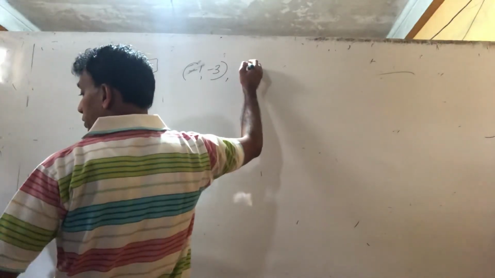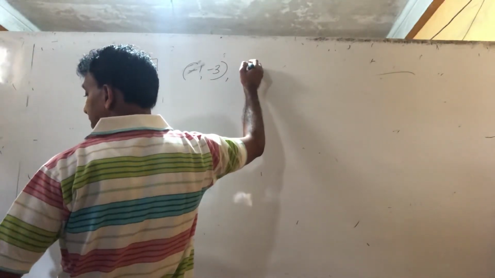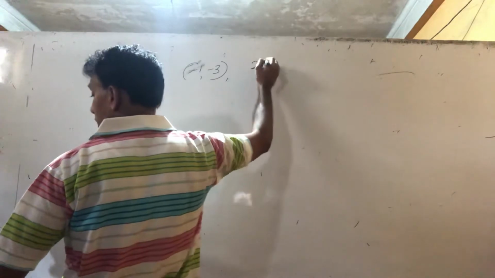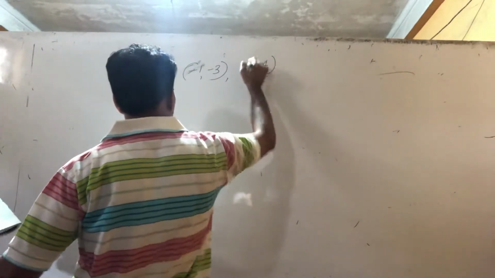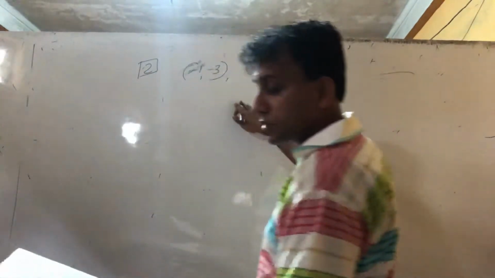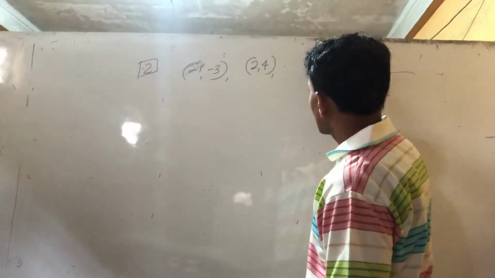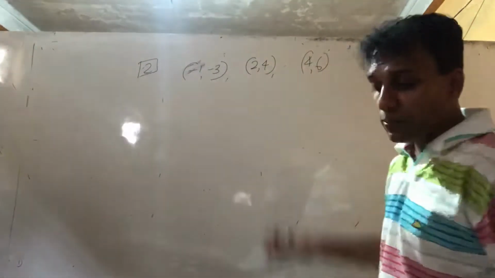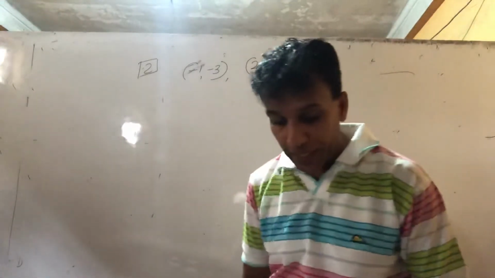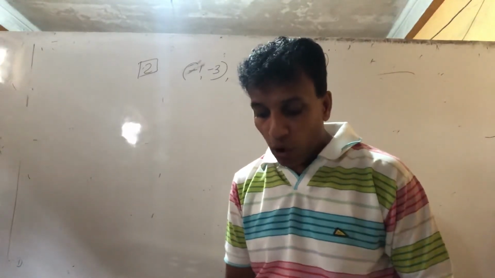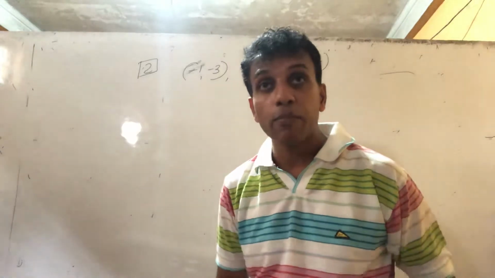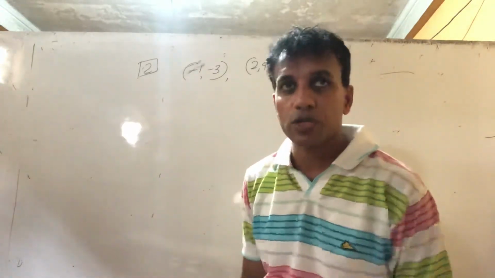Without drawing the graphs, providing reasons, tell whether these 3 coordinates pass through a single line. These 3 points lie on a straight line, the same line. Simple part 1 question.